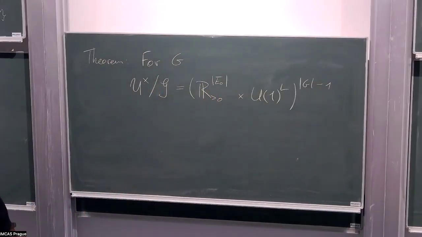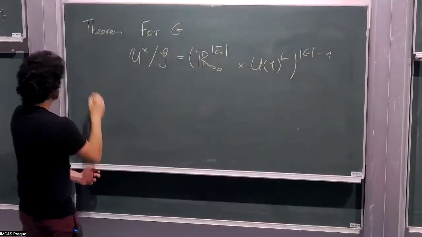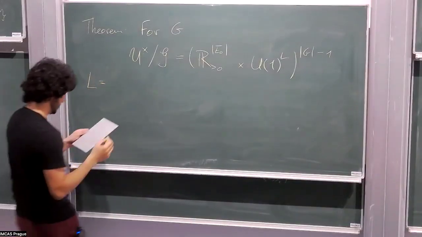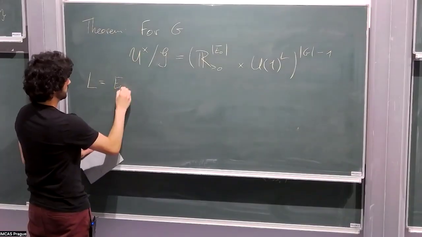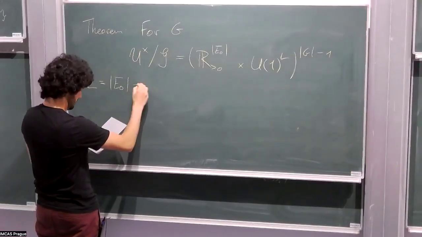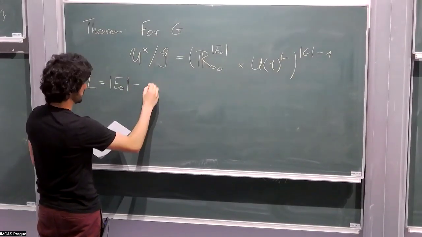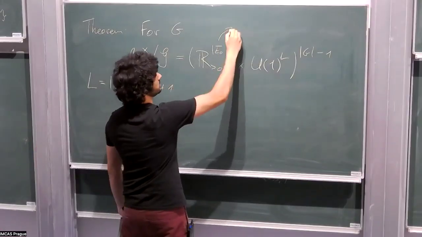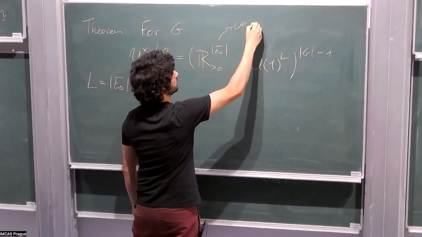So this means where L here is really equal to E0 minus X plus 1. So here E0 is a set of undirected edges.